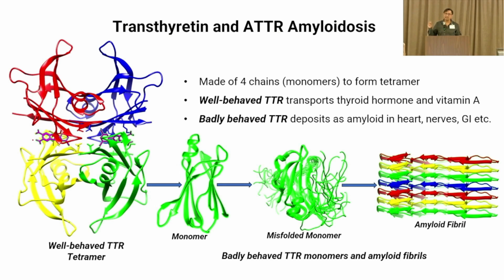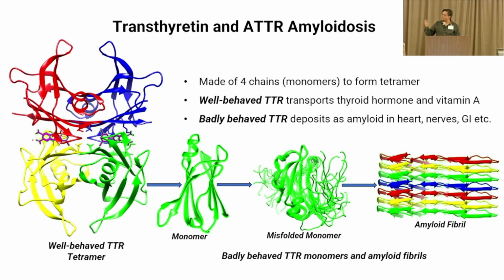And you can see I've colored it 4 different colors. That's because it's made up of 4 different chains: a red chain, a blue chain, a yellow chain, and a green chain. Each of these chains folds up into a structure called a monomer, and 4 of these monomers come together to form this well-behaved TTR molecule.